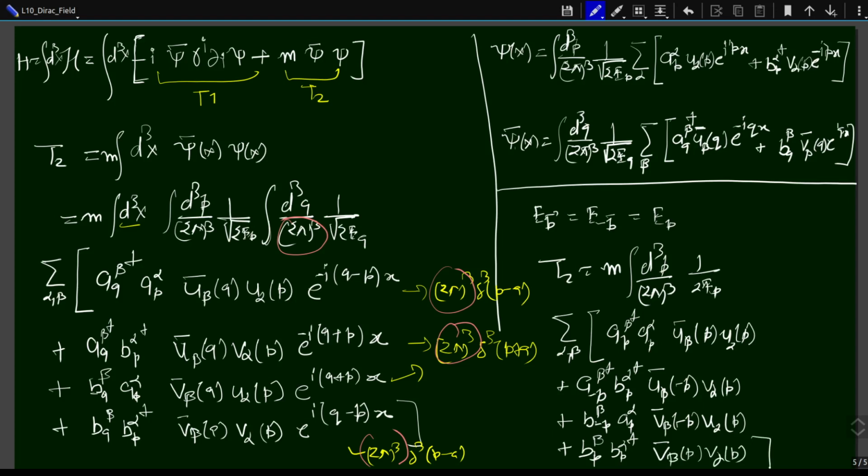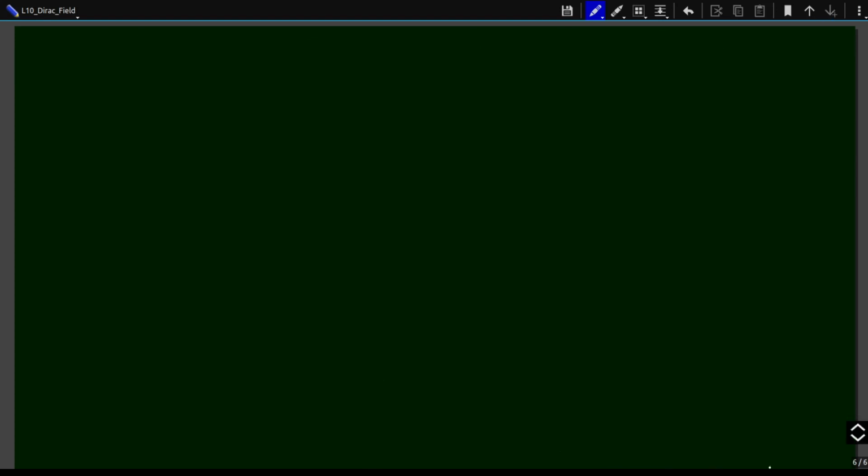Okay, so now before we carefully copy this to the next page, we just say that what we are going to use are some normalization conditions, not a new normalization condition.